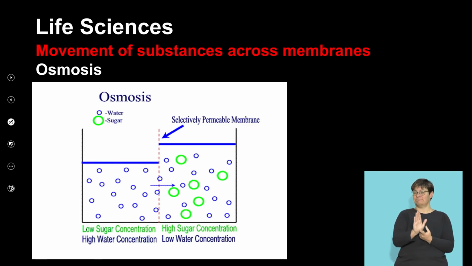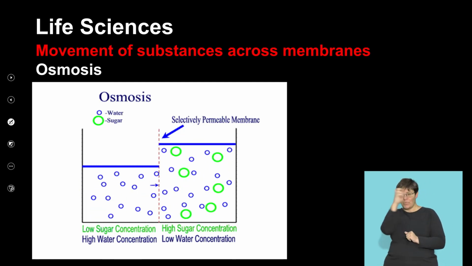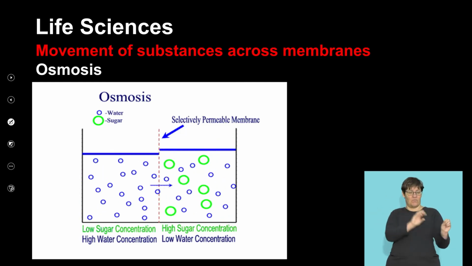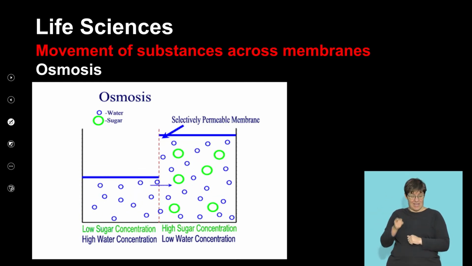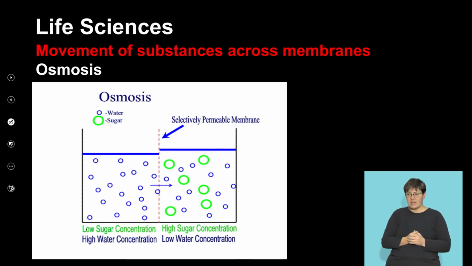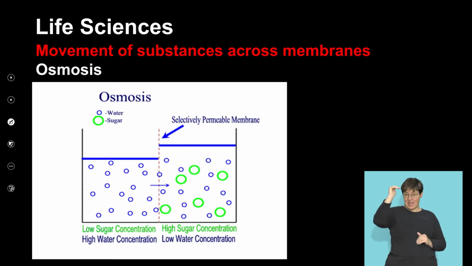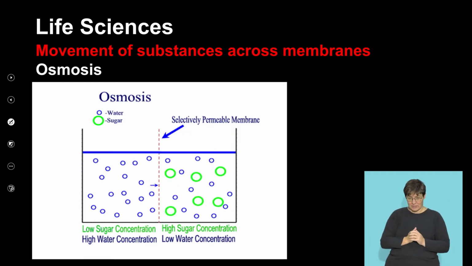Have a look at this diagram that we show you over here. What is moving? The blue. Look at the blue. Okay, so the green is the sugar. So where will water move? If you're having a look here, you will see that water moves from a high concentration to a low concentration.